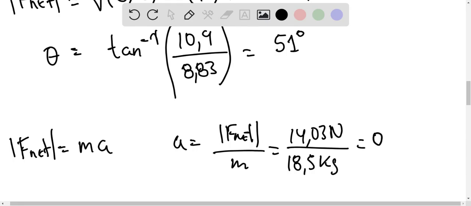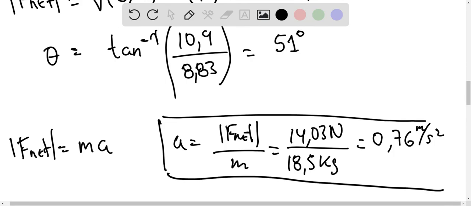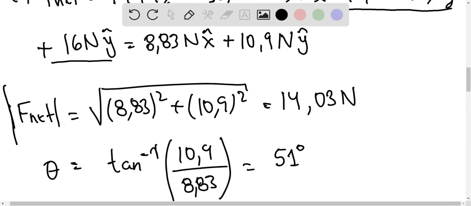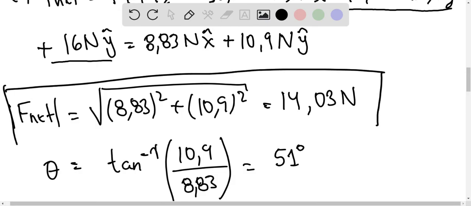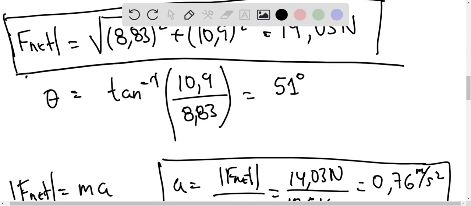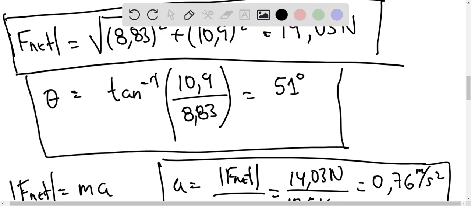This is equal to 0.76 meters per second squared. So this is the acceleration for part B of this problem. This is the magnitude of the net force for this part, and the angle for the vector of the net force.